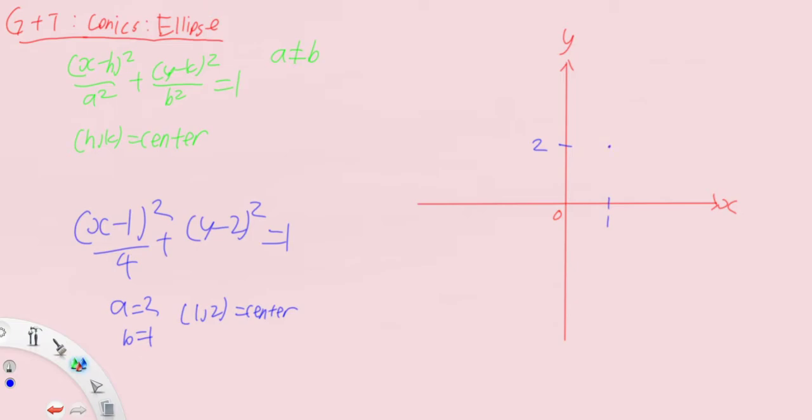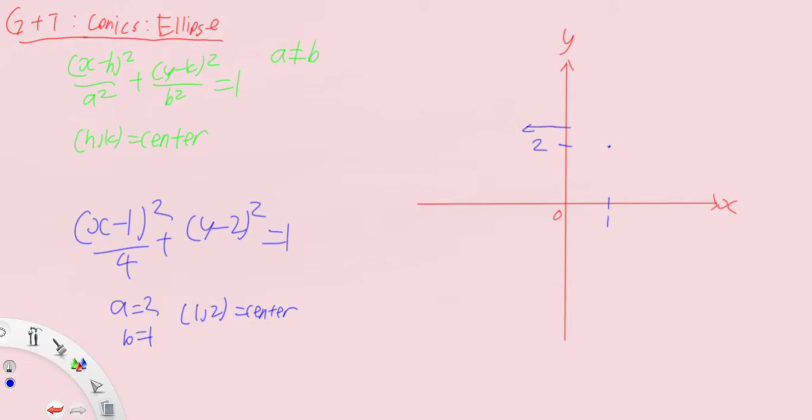So what are the values of a and b? Very simple. a is under x, and x is the horizontal axis. This means that from the center, the right or leftmost point would differ from the center by 2.